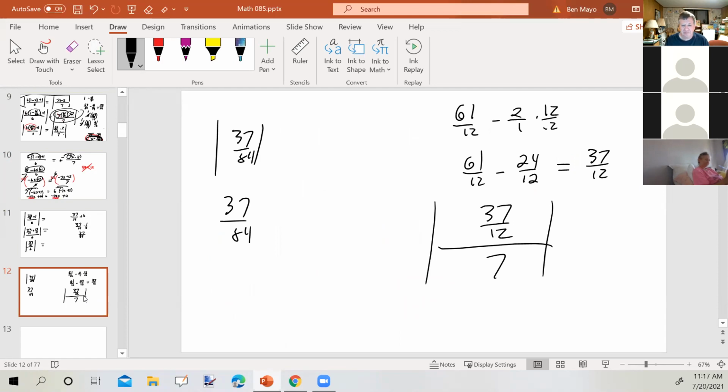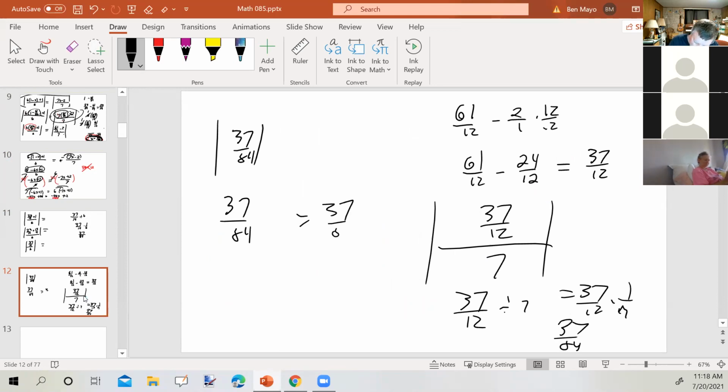Okay, remember that? So that's 37. What's that? Oh, no. I was just agreeing. Okay. So that's 37 over 12 times 1 over 7, which is 37 over 84. And it checks. And that was awful. I'm sorry, jumping back and forth there.